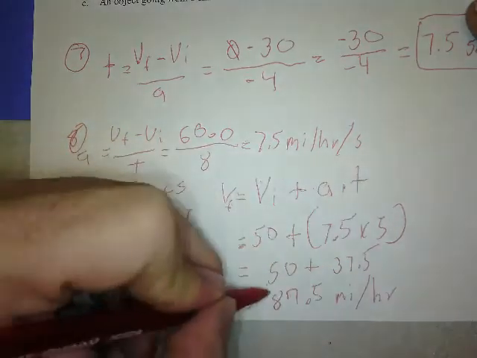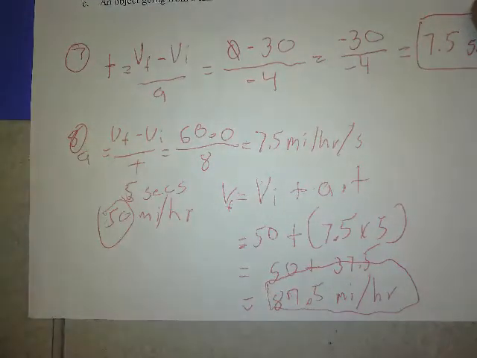So it's 50 plus 7.5 times our time of 5 seconds. Alright, so it gives us 37.5 plus our 50. So our final velocity here is 87.5 miles per hour.